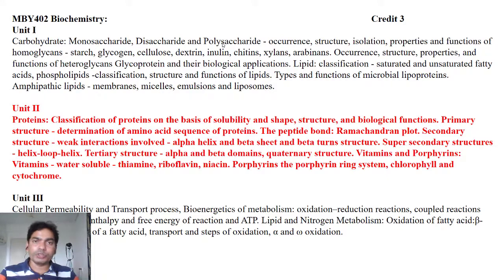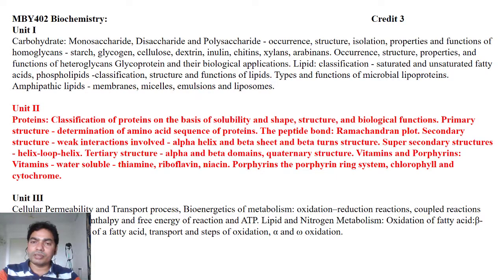Now in future we will have a quiz and very short question answers, which I will upload on Google Classroom, right? So we will do that exercise. In the next lecture we will discuss unit second, which is associated with proteins: classification of proteins on the basis of solubility, shape and structure, biological functions, their primary, secondary and tertiary structure and their super secondary structures, right?